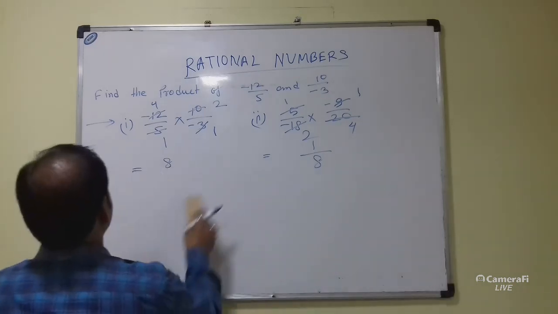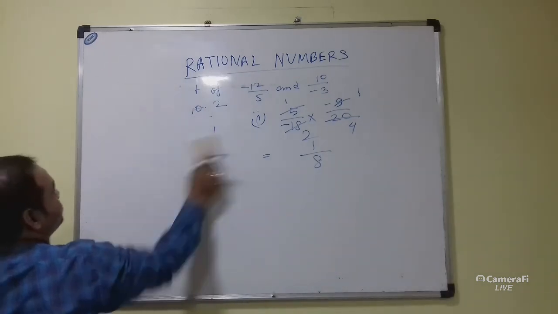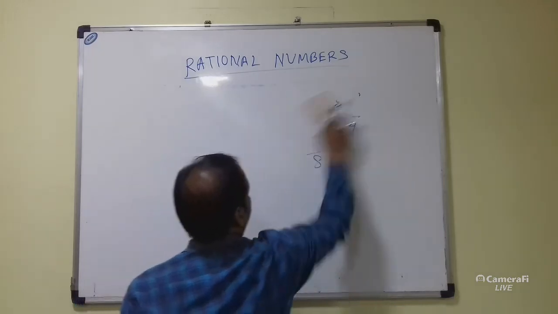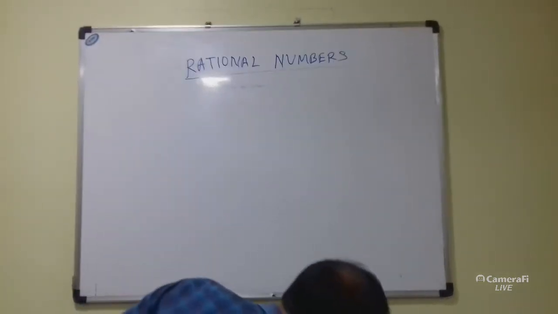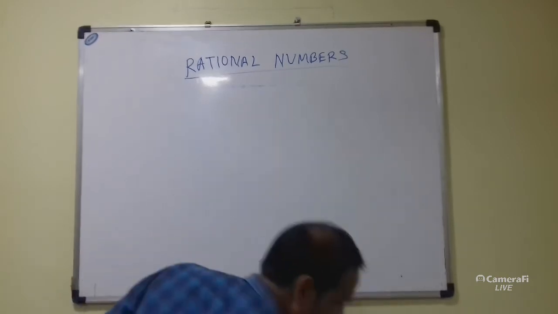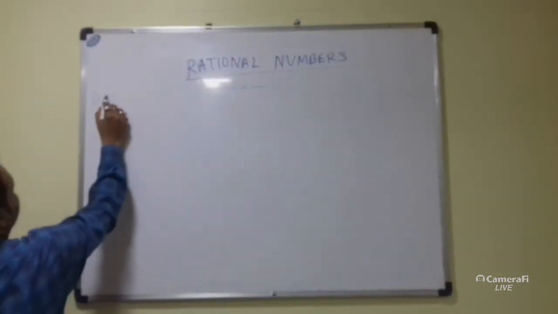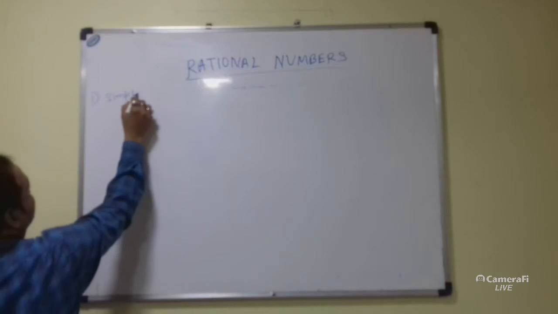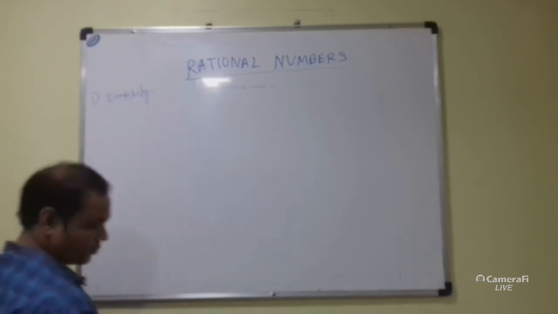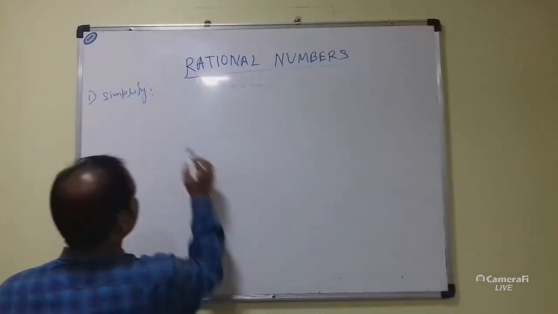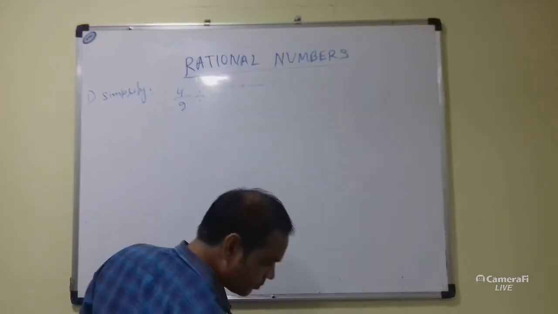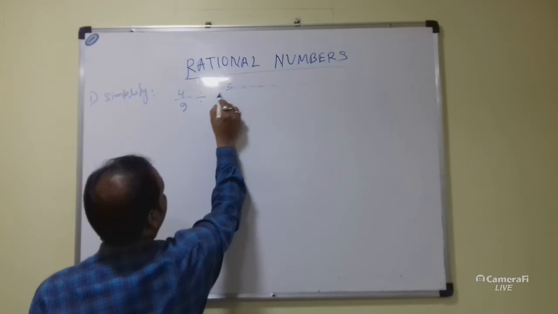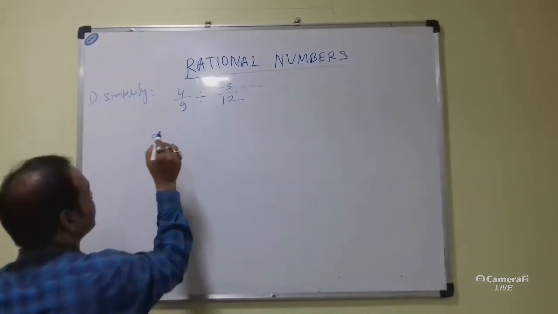Now, division of rational numbers. So, the first one is simplify 4 by 9 divided by minus 5 by 12.